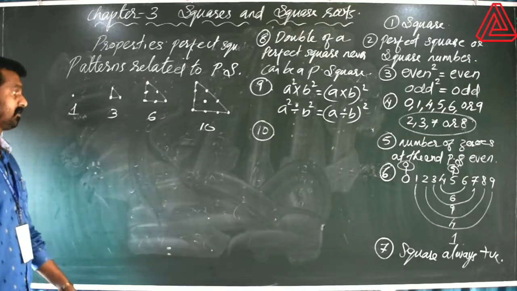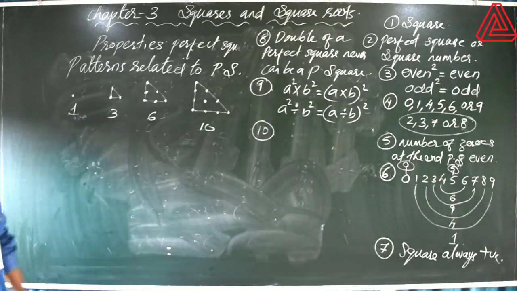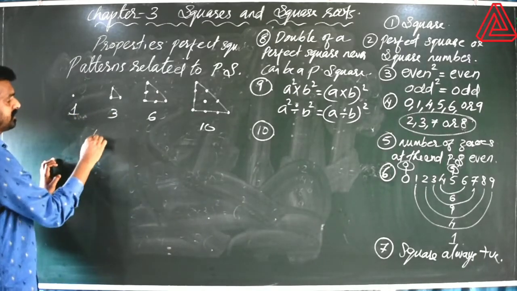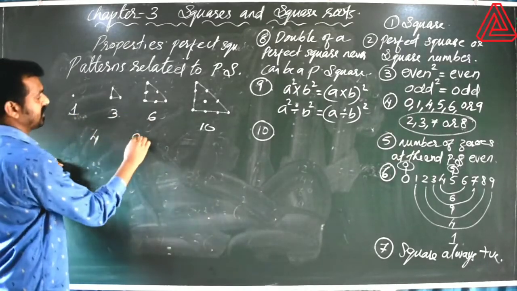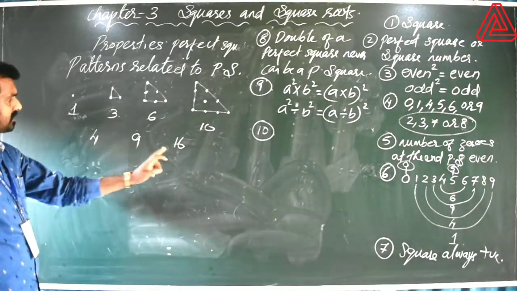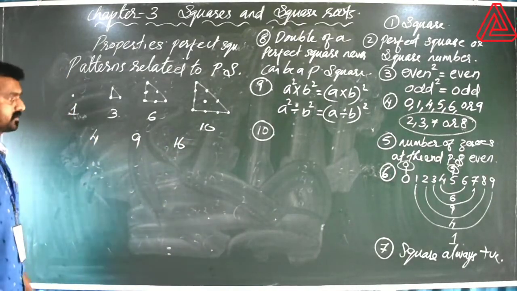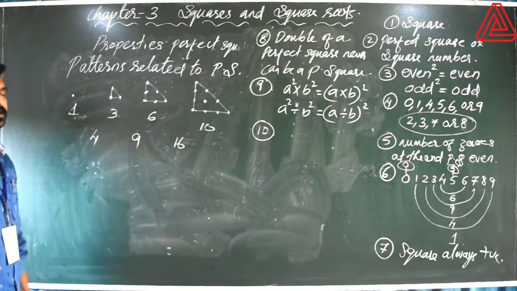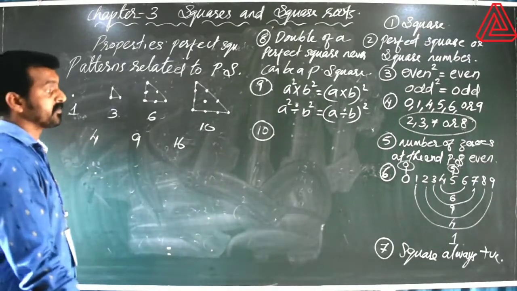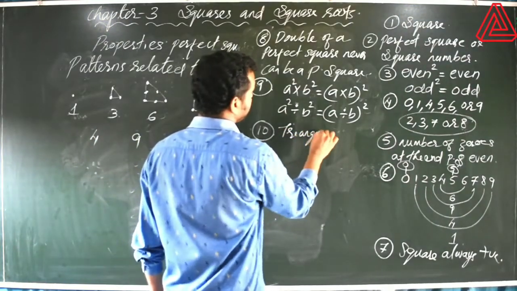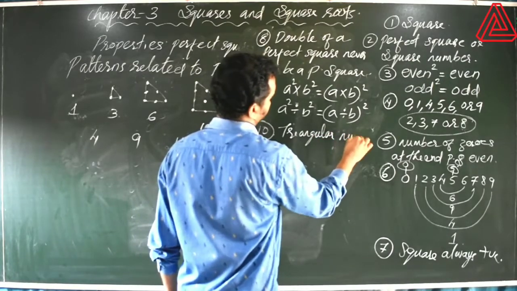So the sum of two consecutive triangular numbers is always a perfect square. 1 plus 3, what is the answer? 4. 3 plus 6, 9. 6 plus 10, that is 16. 4, 9, 16. These numbers are perfect squares. So here we can write triangular numbers.